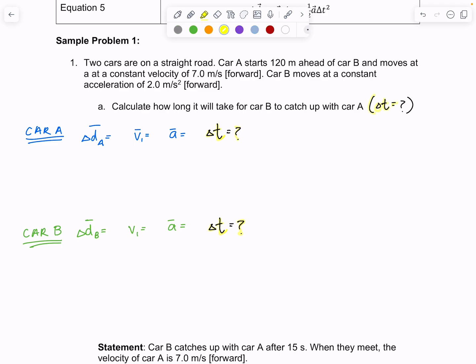Let's look at the information we have on car A and the information we have for car B separately. We want to know the distance or displacement that car A travels during this elapsed time, the time in which they catch up to one another. We know that car A travels with a constant velocity of 7 meters per second forward.